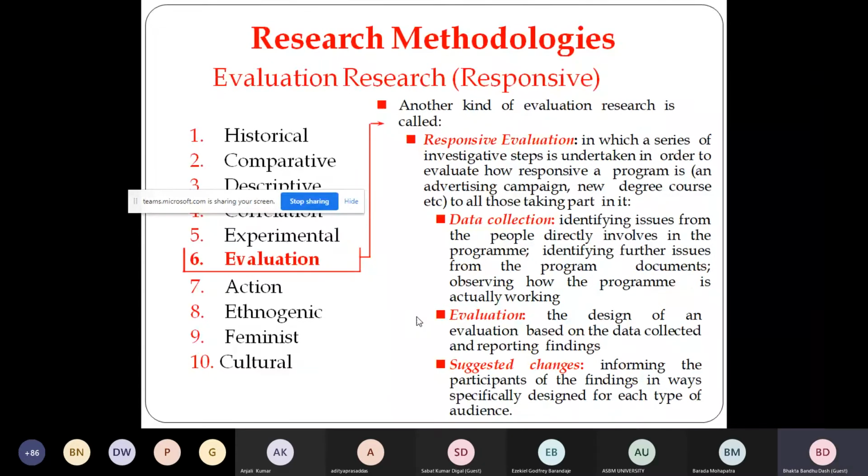And the second one talks about your evaluation process. So the design of an evaluation based on the data collected and reporting findings, how you collect the data, how you use a particular statistical tool. Is it necessary that every time you need the kind of relational statistics, or every time you need a factorial statistics?